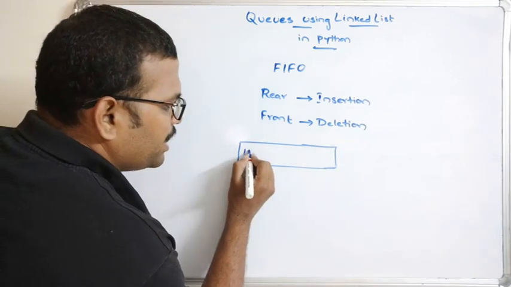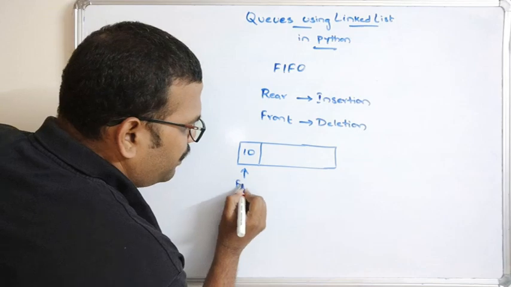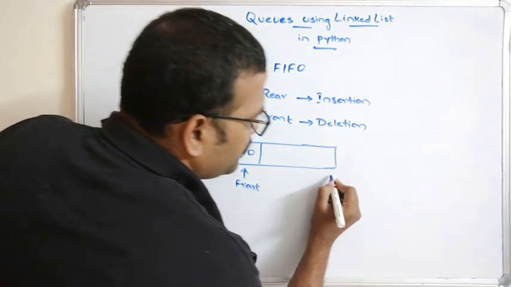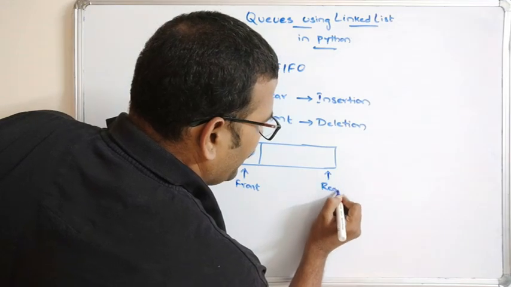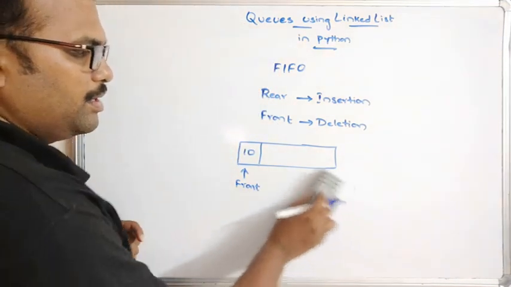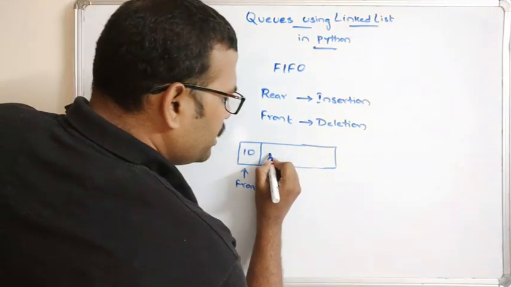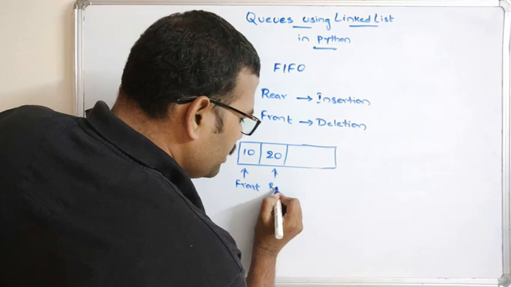If one element is entered, this is the front and this is the rear. Whenever the second element enters, it will be inserted here and it will be the rear.